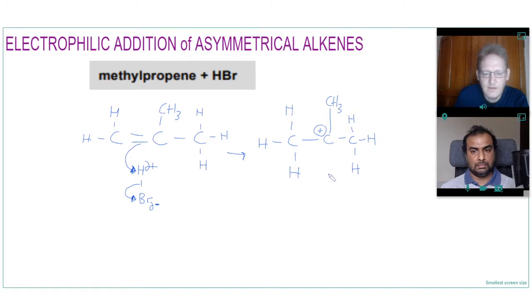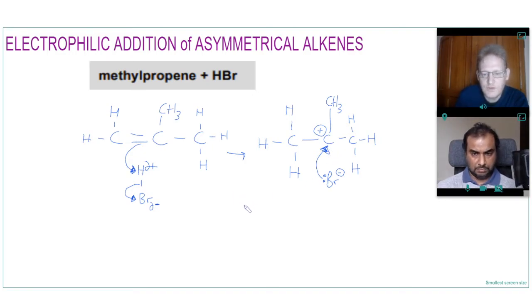And then we can have the Br minus, which took electrons from the hydrogen bromine bond, and that can form a bond with the carbon.